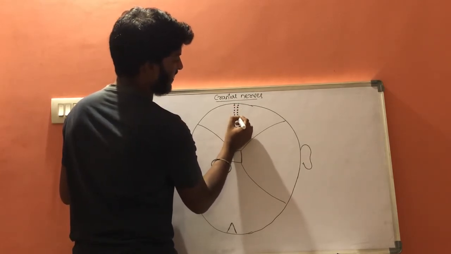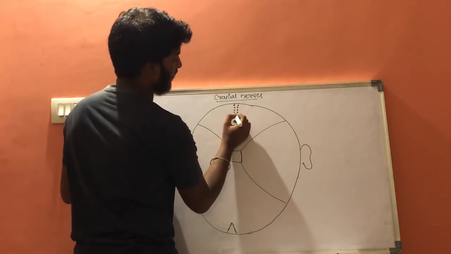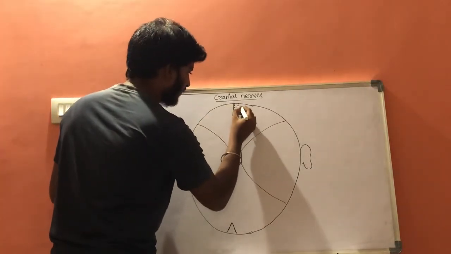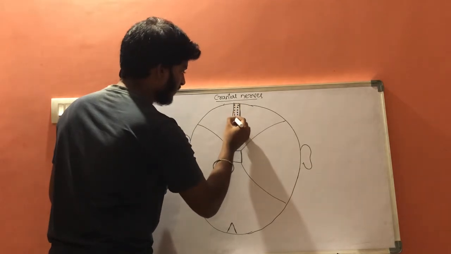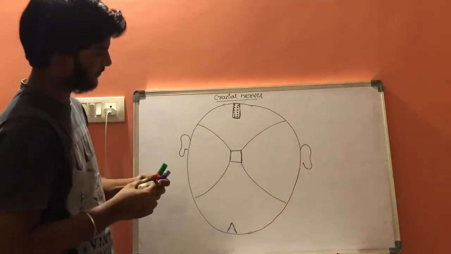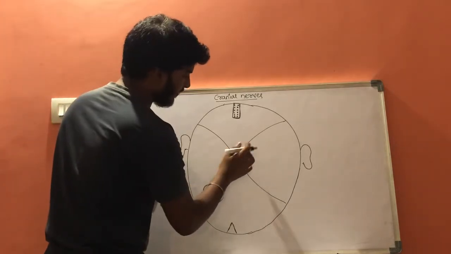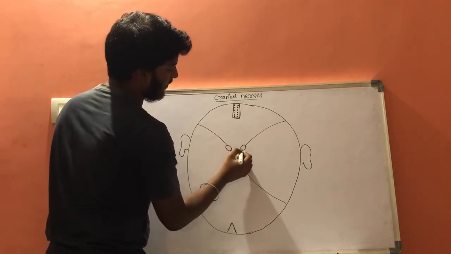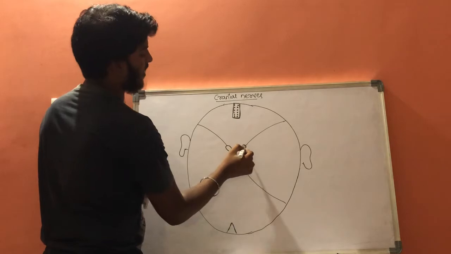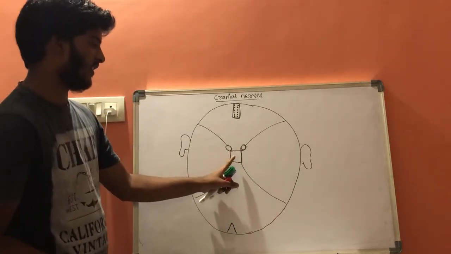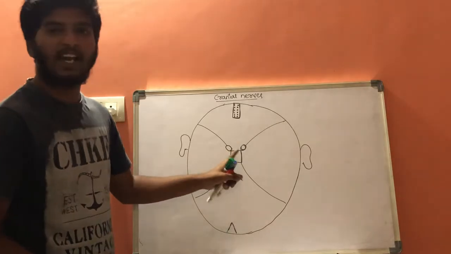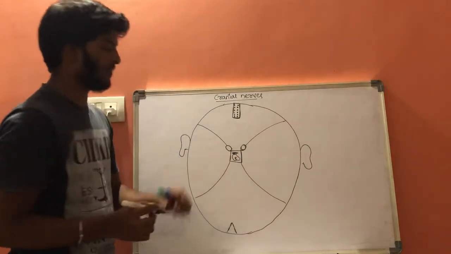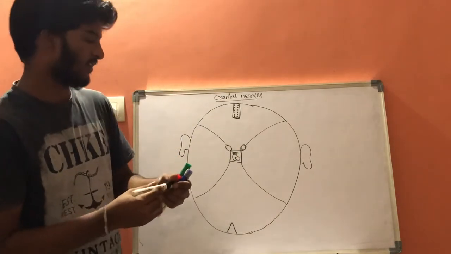These dot-like structures are the cribriform plates. And here, these are the optic canals. These two are the optic canals, and this square-like structure is called sella turcica, in which the pituitary gland is present.